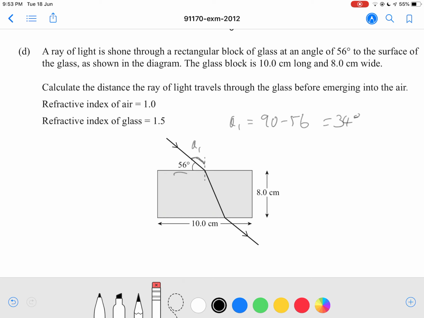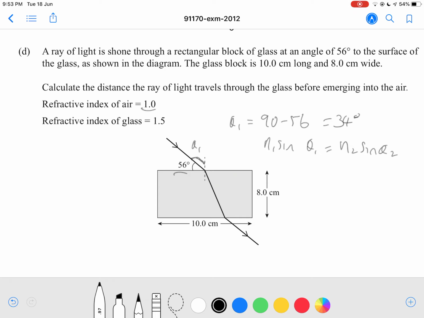Once again, we're going to be using Snell's Law to find the angle of refraction. Snell's Law is n1 sine theta 1 equals n2 sine theta 2.